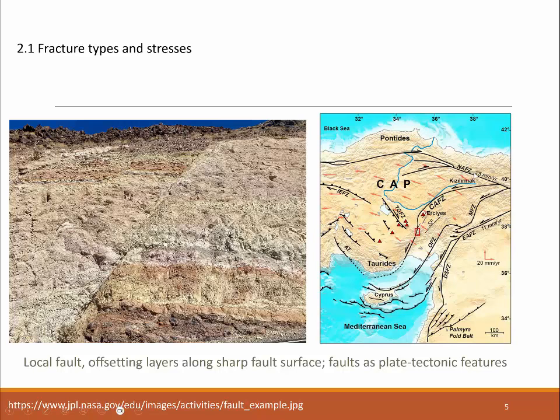The North Anatolian dextral fault zone here in the north, and the East Anatolian fault zone, several others here including the Central Anatolian fault zone. Of course, if we want to understand how such large-scale plate tectonic processes work, we need to understand how fractures and faults formed in the first place.